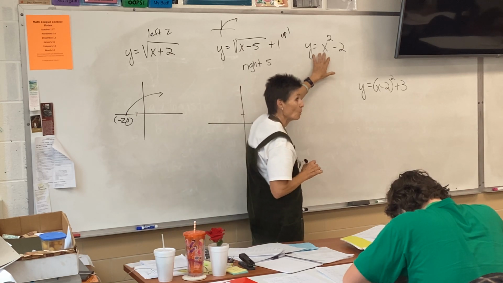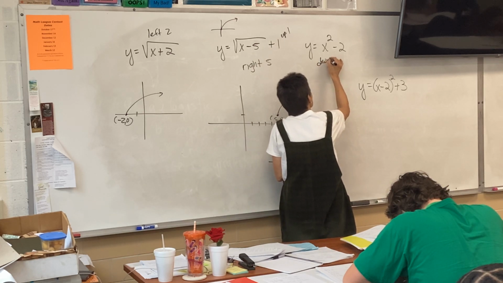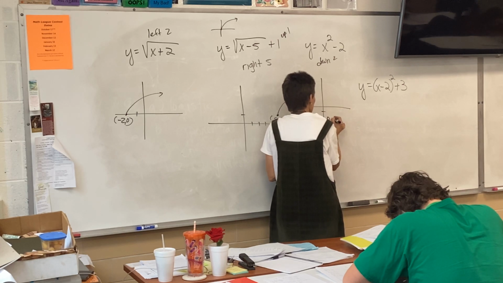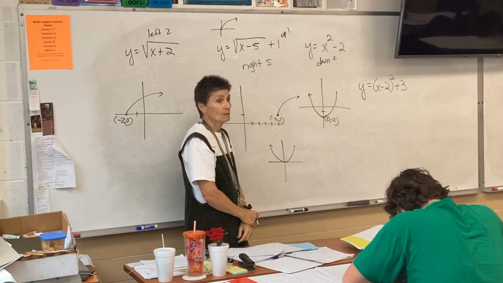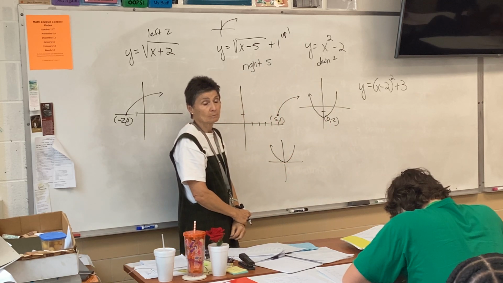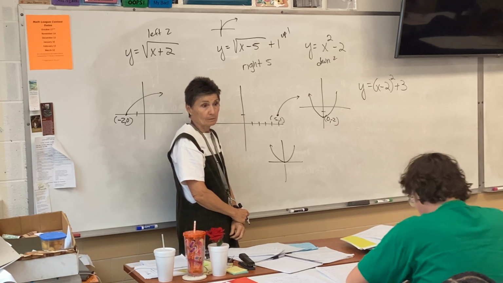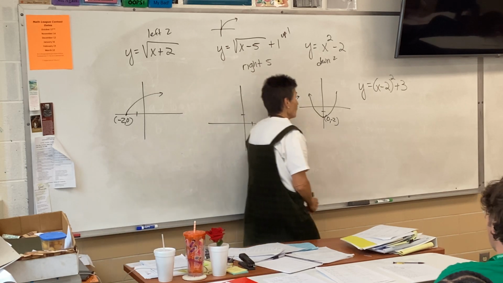How has this one changed? Down 2. So I'm moving it down 2, and then there it is. There's my parabola, just like every parabola, but it's down 2. Right, guys? Okay.